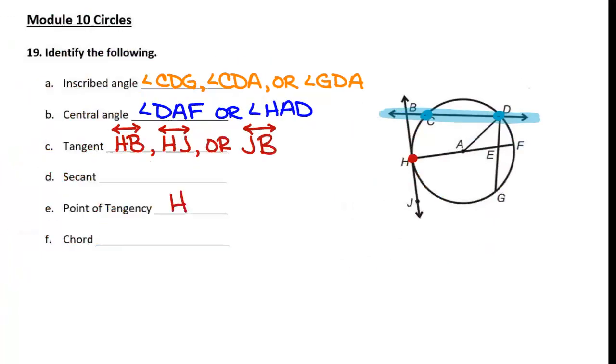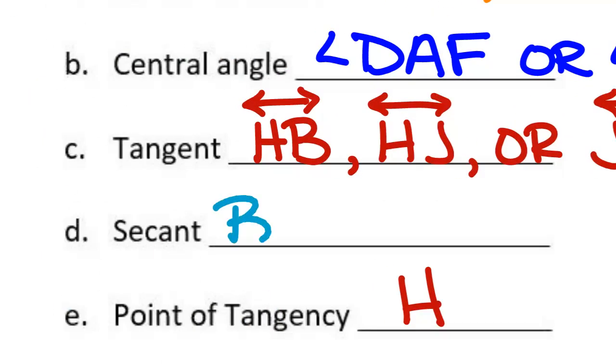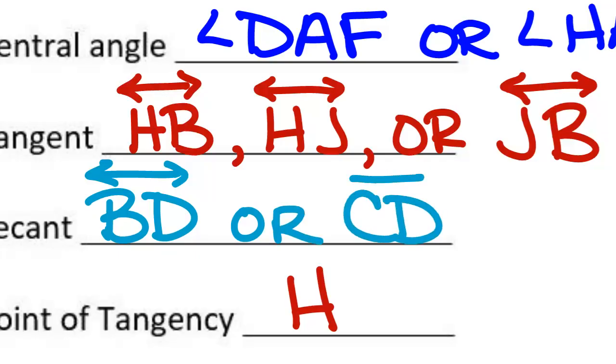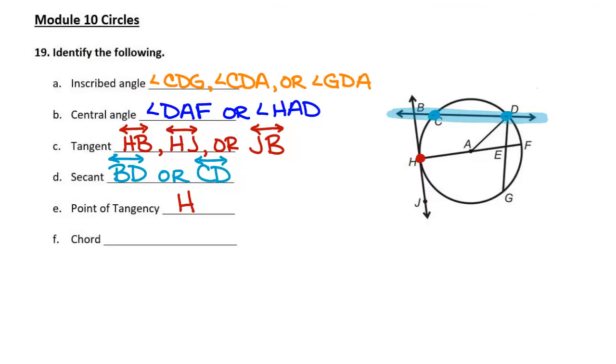We can call that secant line BD. We could call that secant line CD. Those are the only options, BD or CD. So the thing that separates the tangent line from the secant line is the tangent line touches the circle at 1 point, while the secant line touches the circle at 2 points.